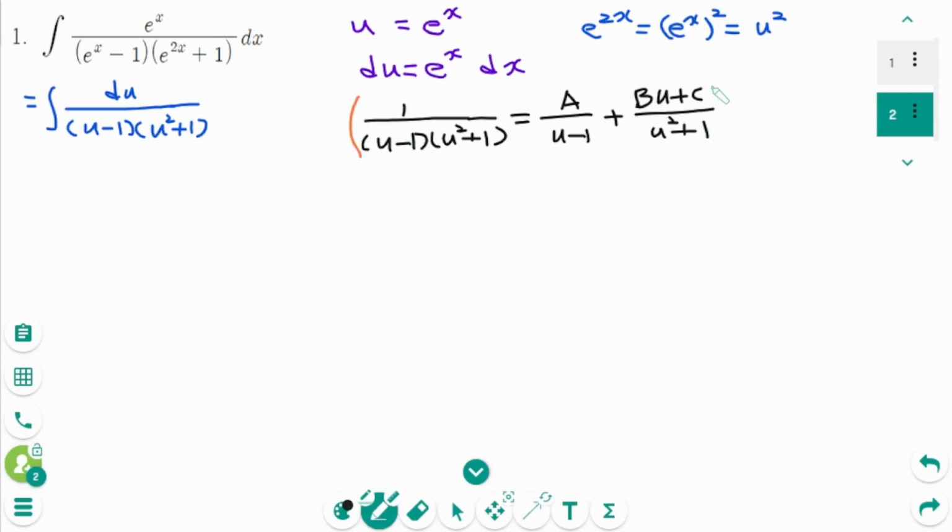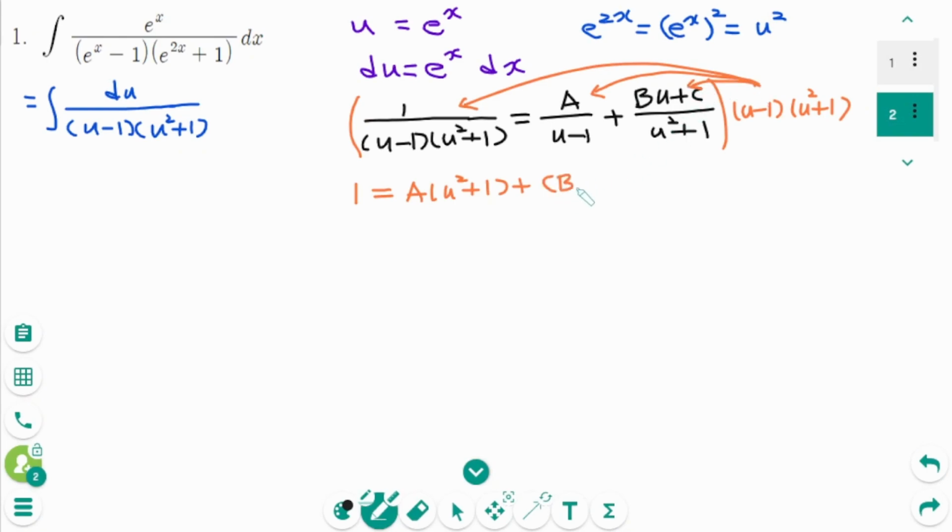Then multiply by the least common denominator, which is u minus 1 times u squared plus 1. Then we get the basic equation. 1 equals a times u squared plus 1, since u minus 1 is cancelled, plus bu plus c times u minus 1, since u squared plus 1 is cancelled.